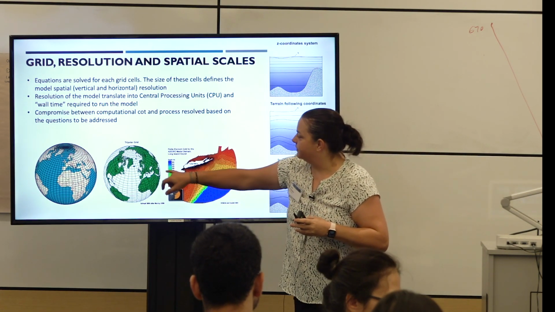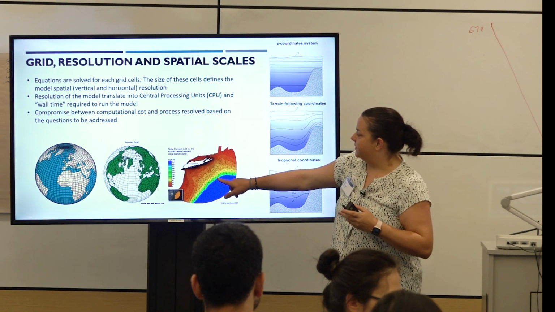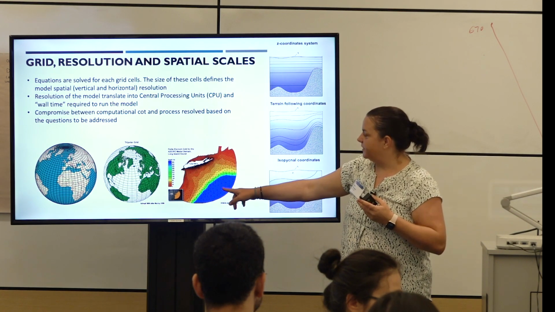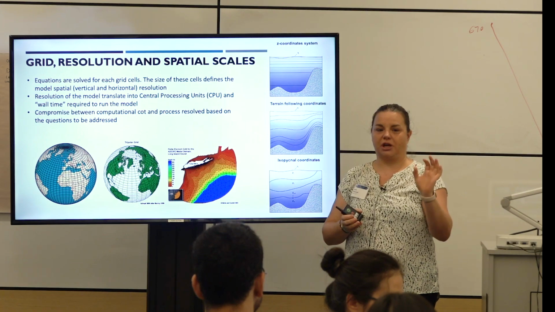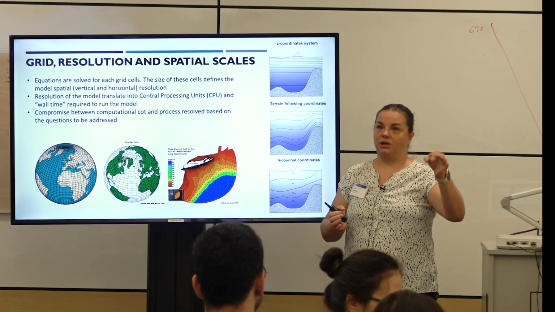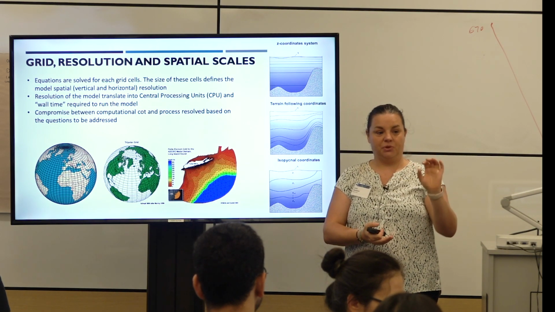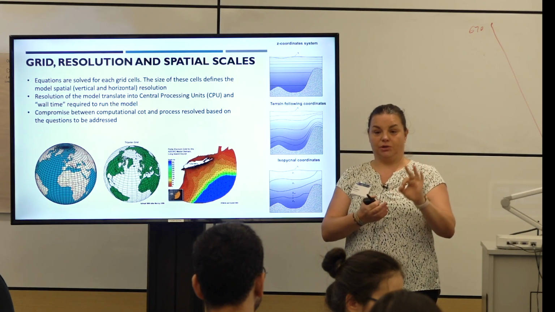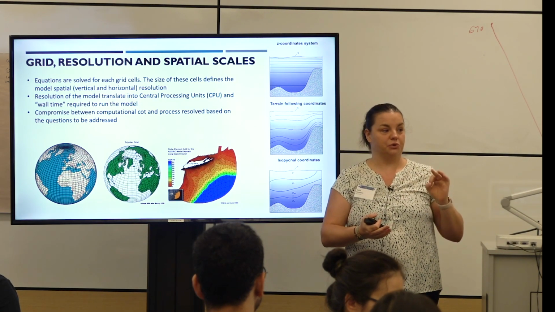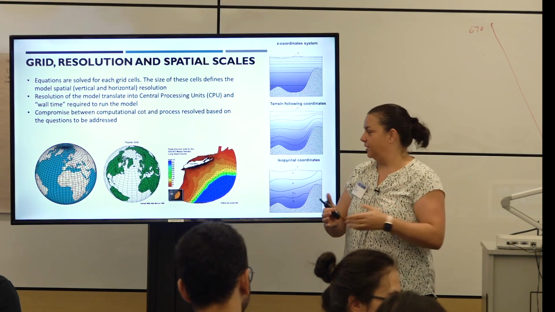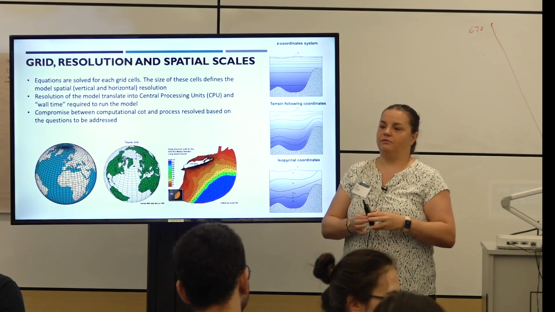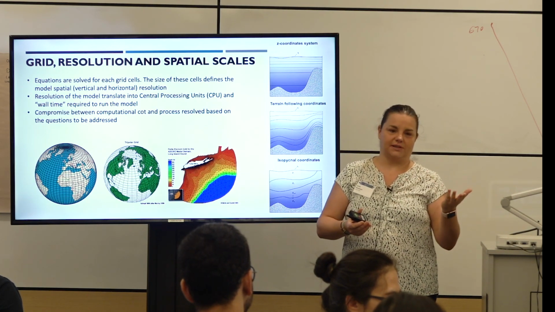And then another type of grid is called a finite grid. Instead of being rectangles, now you have triangles, and those triangles can change shape. So you can have them change shape based on the bathymetry, for example, where your triangle gets smaller and you have a higher resolution in coastal water, where processes are more dynamic and they change faster. And then out in the ocean, you have larger grid cells because things are slower.